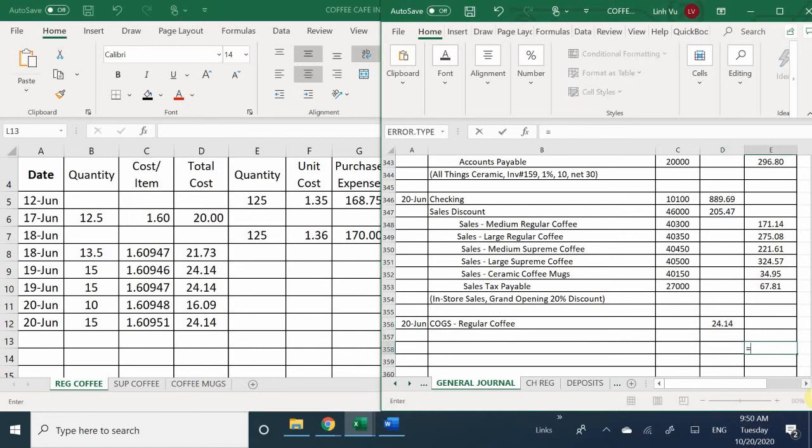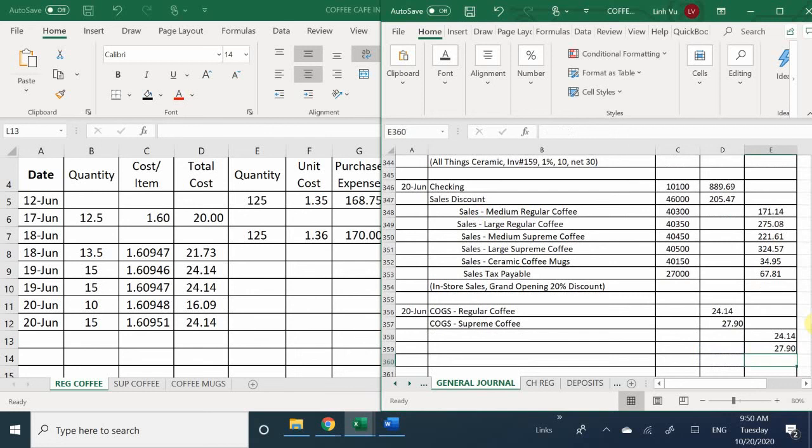Okay, and we also got to do the cost of goods sold. Okay, $27.90. Good. All right, and where am I taking these out of?